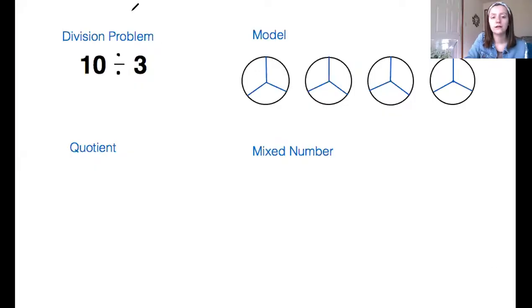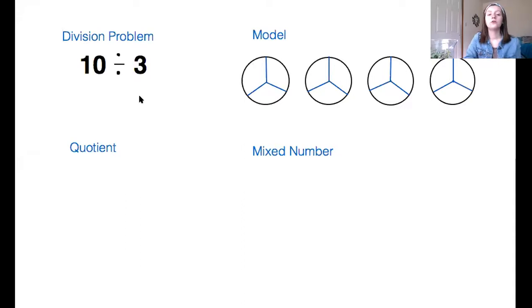Okay, so I'm going to pull it up on my screen. If you see right here, I rewrote the problem and I went ahead and drew out the model for us. The problem that we're looking at is 10 divided by 3, meaning that we're separating 10 parts into groups of 3. So I went ahead and drew a few circles here and divided each of them into 3 because that's the number that we're dividing by.